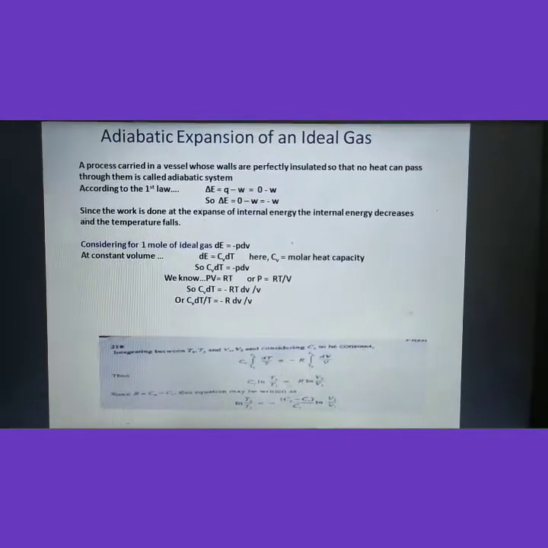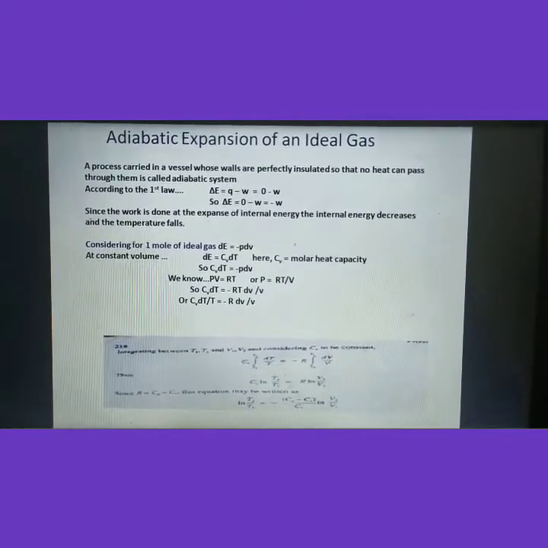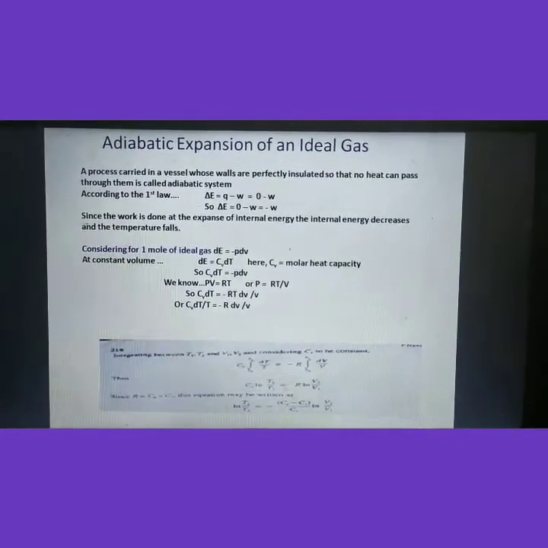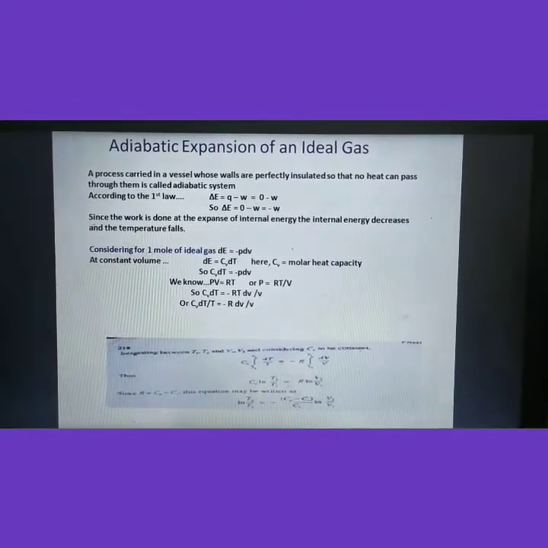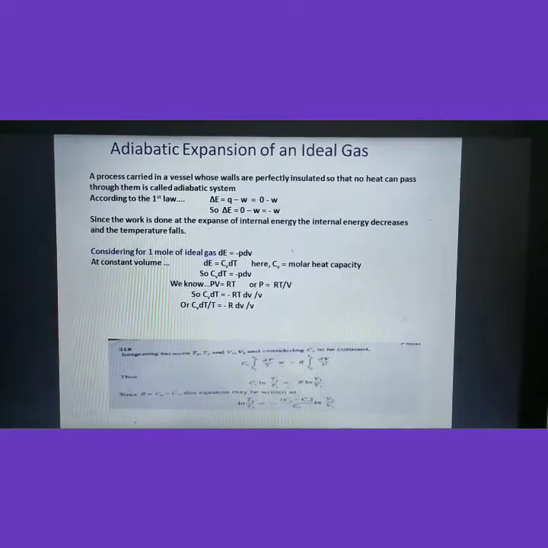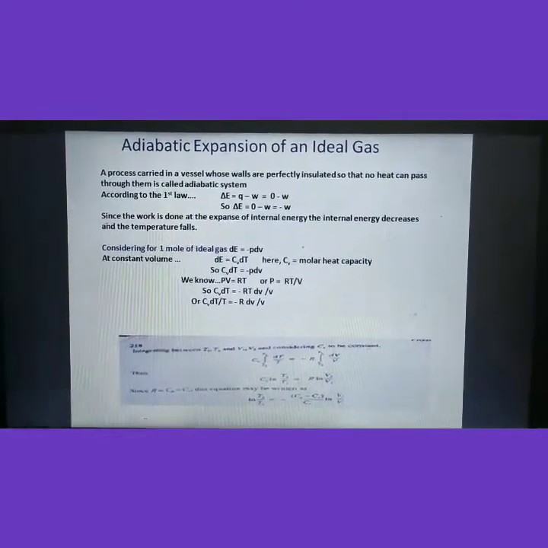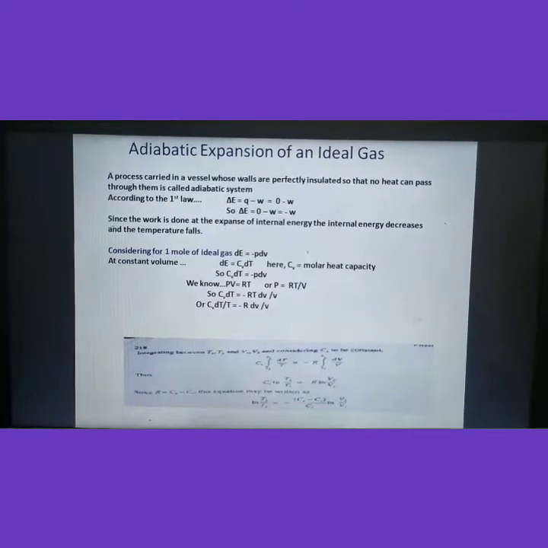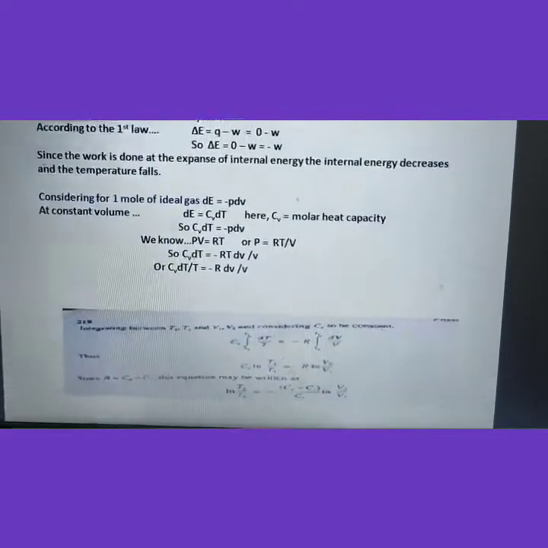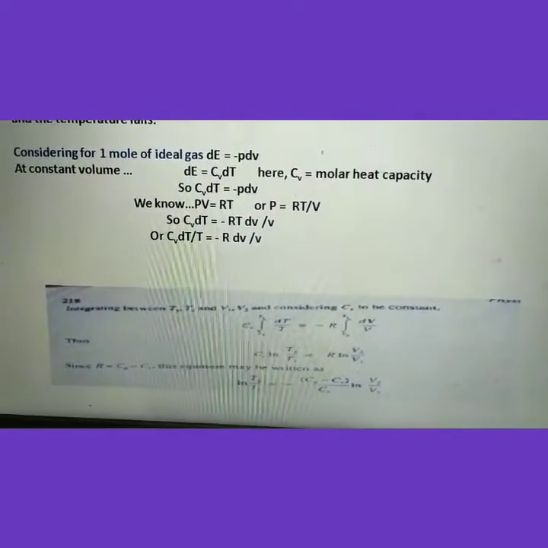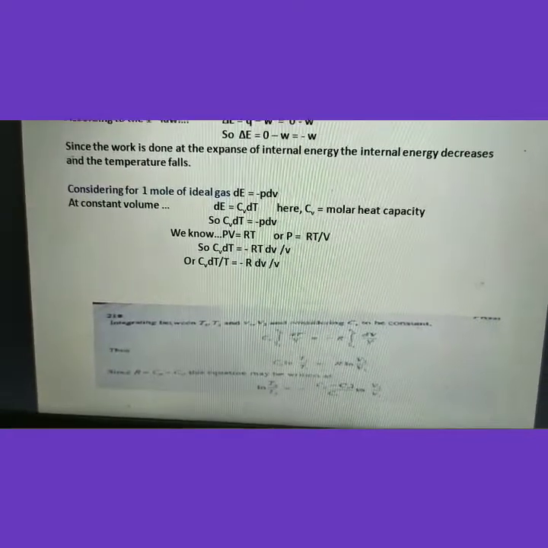Integrating both sides, considering Cv is constant, we get Cv times the integration of 1 by T dT is equal to minus R times the integration of 1 by V dV, with limits T1 to T2 and V1 to V2. Thus, Cv ln T2 by T1 is equal to minus R ln V2 by V1.